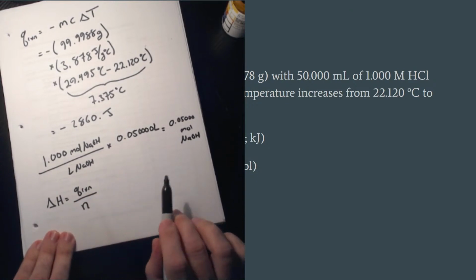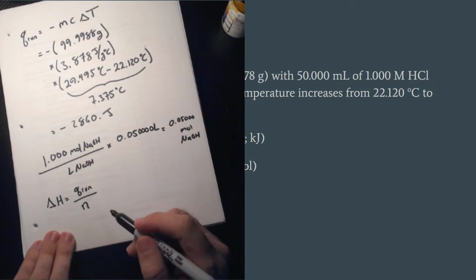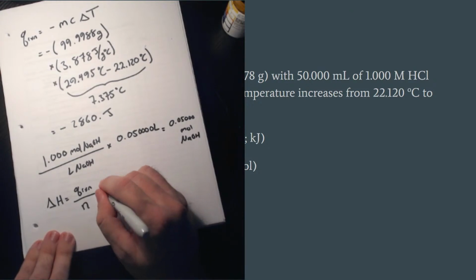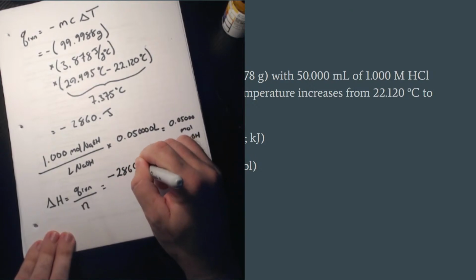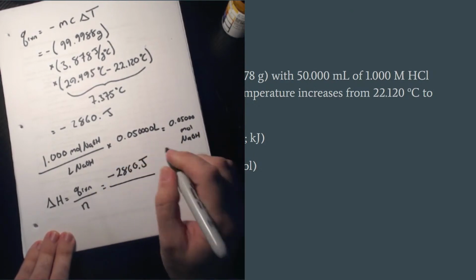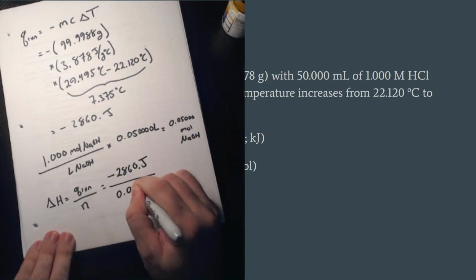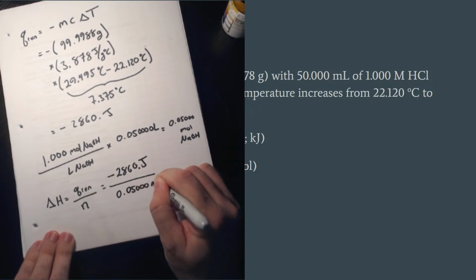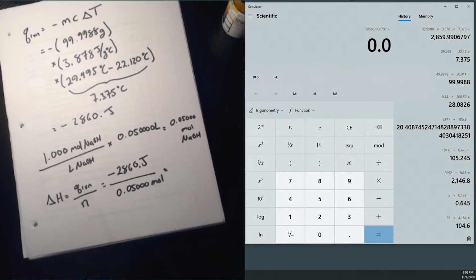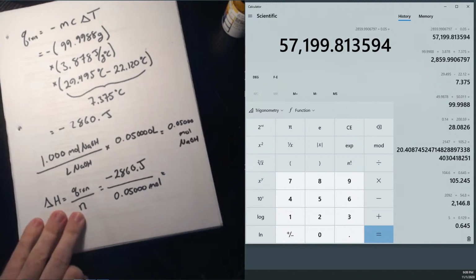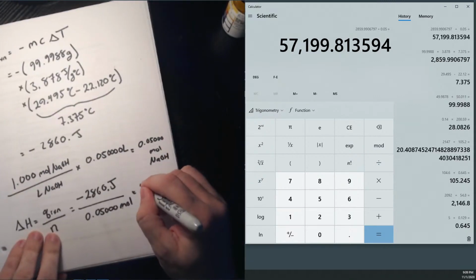So we have 0.05 moles, we have 2860 joules, so delta H is equal to negative 2860 joules divided by 0.05000 moles. Dividing by 0.05 gets us 57.20.